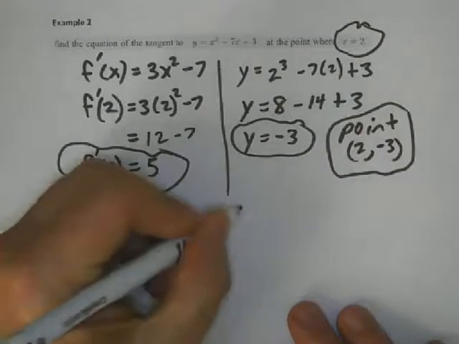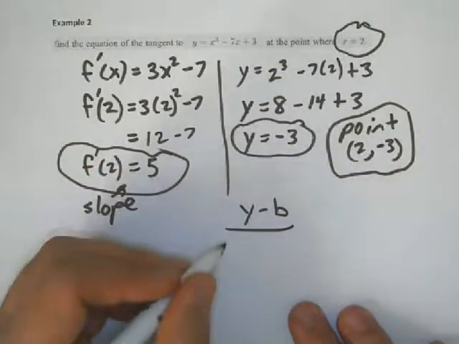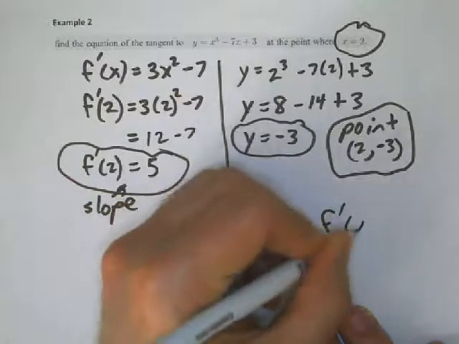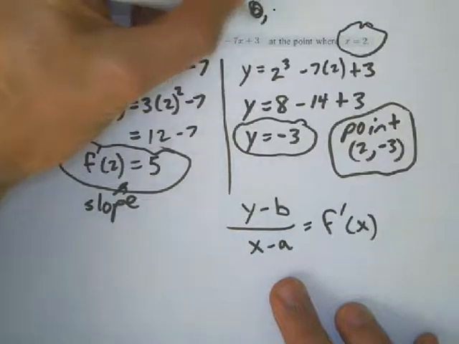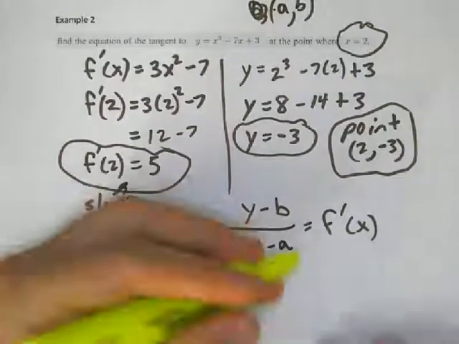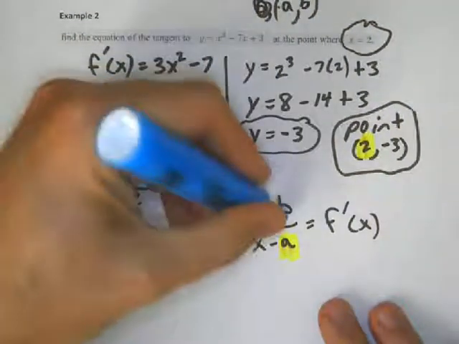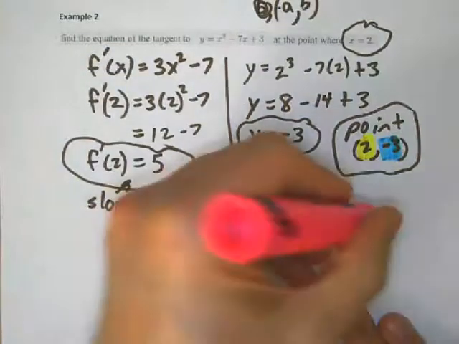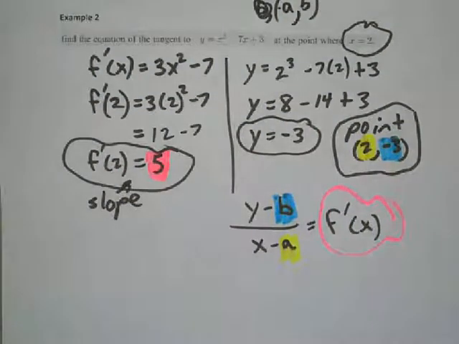That relationship is y minus b over x minus a equals our derivative, and our a comma b, so the a value is 2, the b value is negative 3, our slope is 5. Now we can do our substitution to get our equation of our straight line.